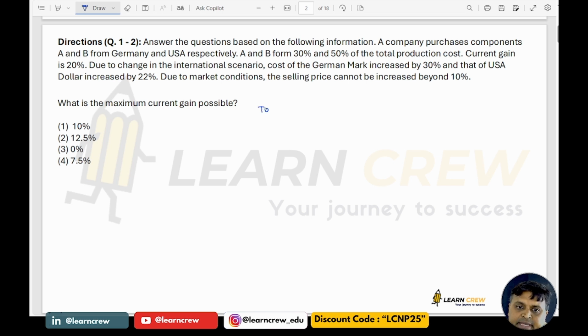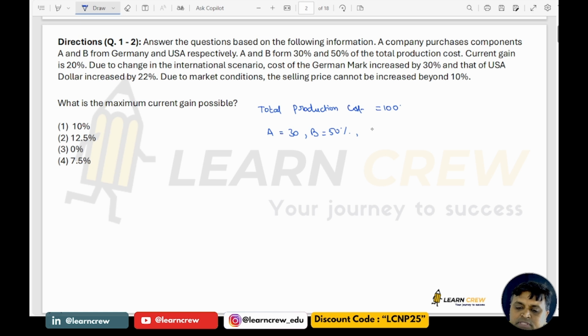So let me take total production cost, if I take it as 100, then there are two components, component A and component B. Component A share would be 30% of it and component B would be 50% of this.